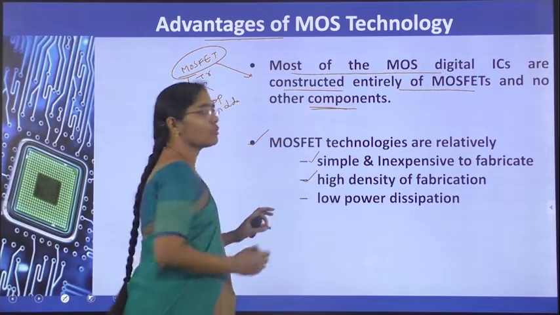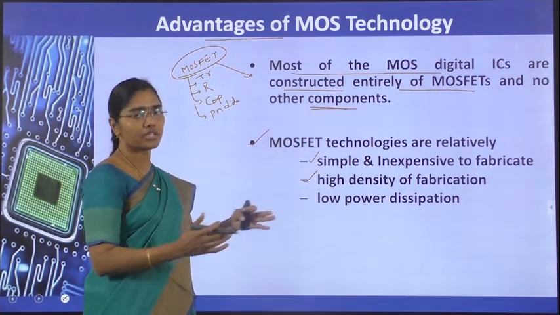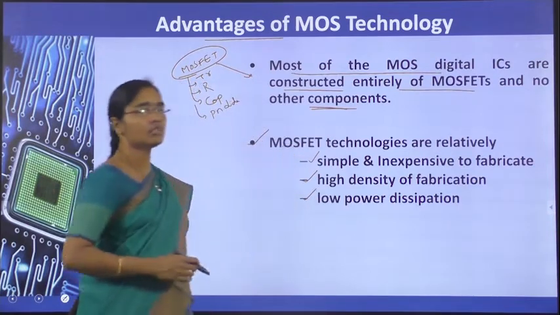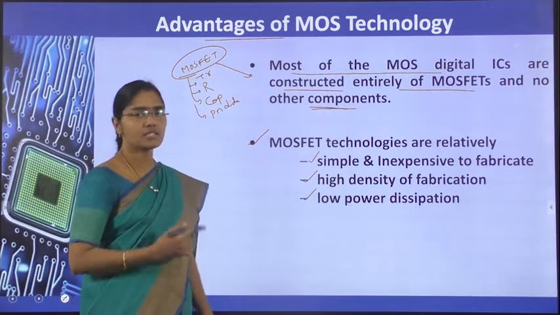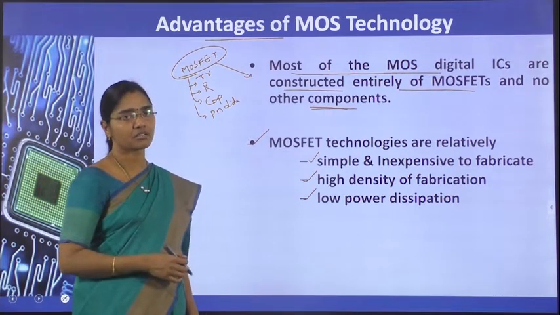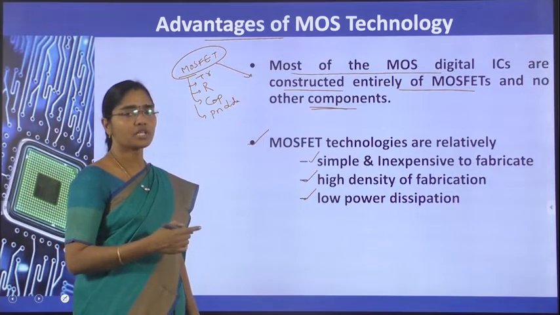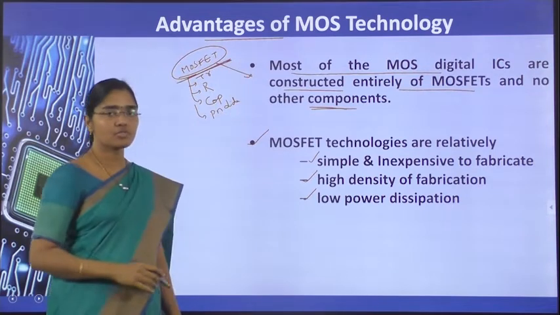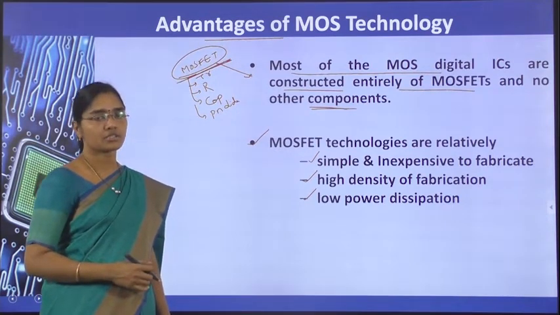It also has high density of fabrication, meaning more transistors can be accommodated, and it has low power dissipation. These are the advantages of PMOS technology, and they come from using the MOSFET transistor. So we are seeing the MOSFET transistor in detail.